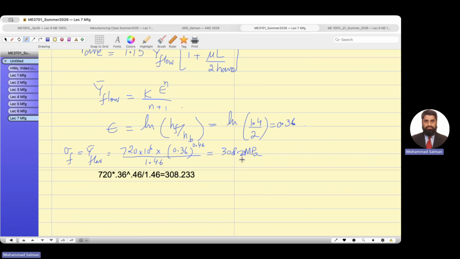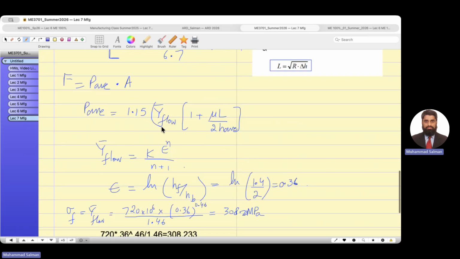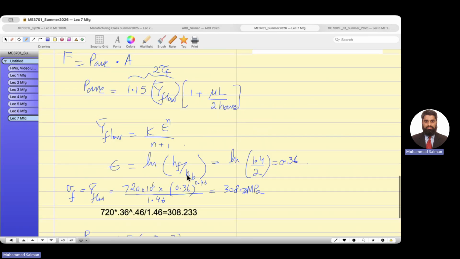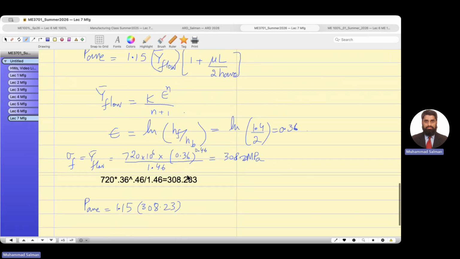308.23. Okay, now this is the Y flow, but this is the 2 tau flow. You remember there is a shear stress criteria from Mohr stress circle. So 2 tau flow, which is equal to, so I can write down P average equals 1.15 times 308.233. Now it is correct. 1 plus mu.